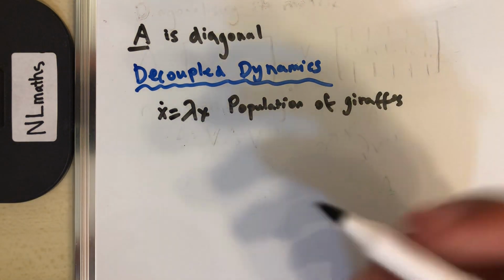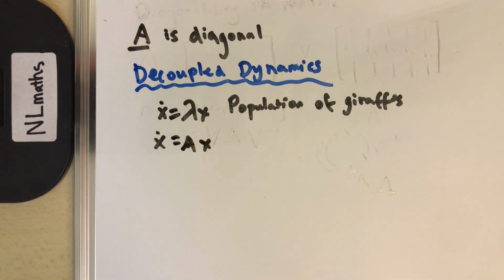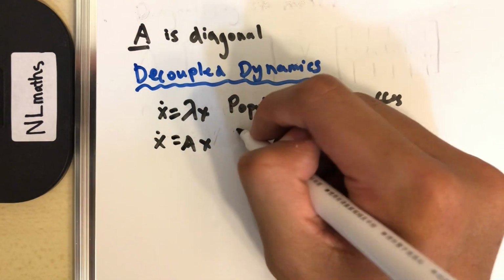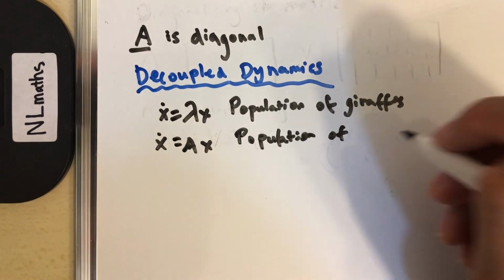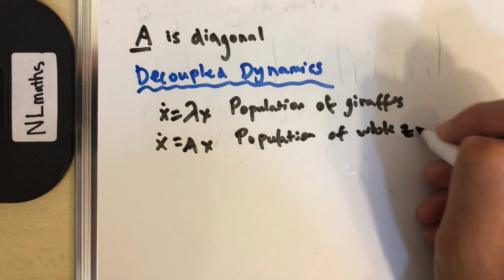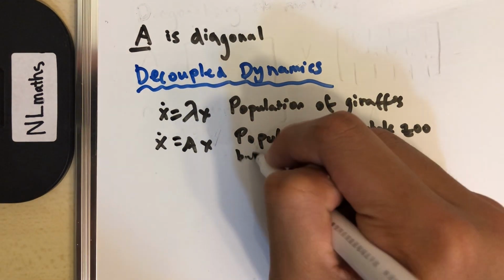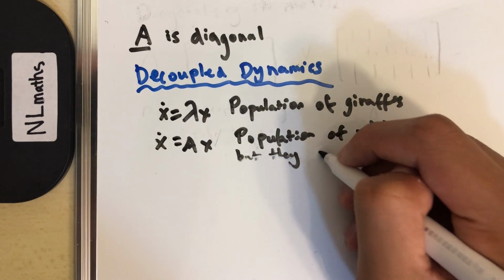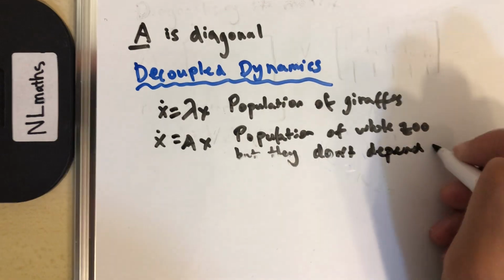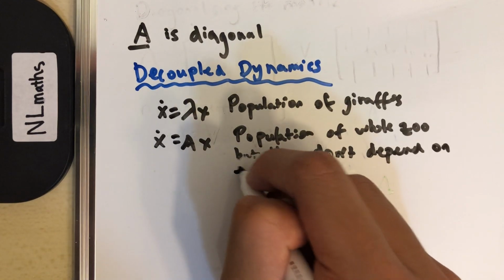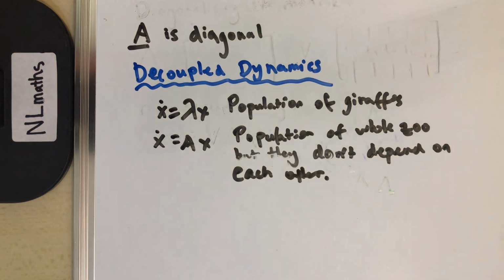And then if we have x dot equals Ax, which means there are multiple different differentials, then that'd be the population of the whole zoo, including the bunnies, the wolves, all of them, but they don't depend on each other. And we will see why this is the case now.